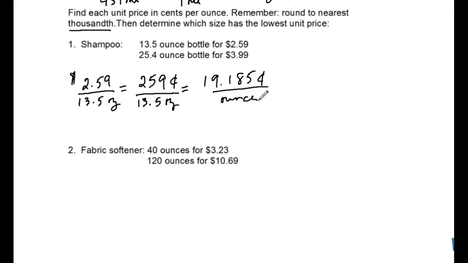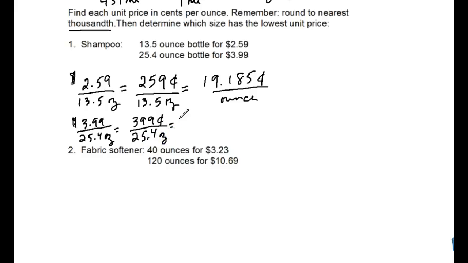The other price is $3.99, and we're going to use it with the 25.4 ounces. We've got $3.99, and we have 25.4 ounces. That's 399 cents over 25.4 ounces.